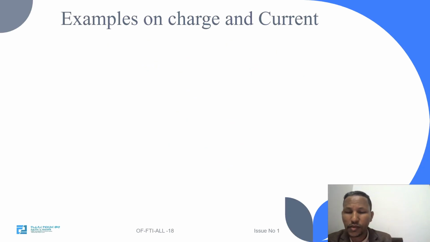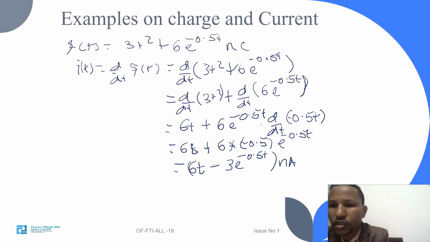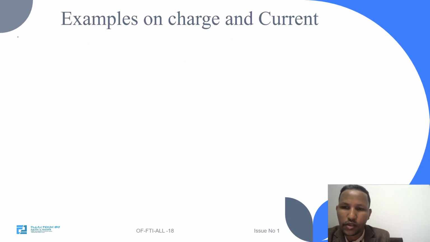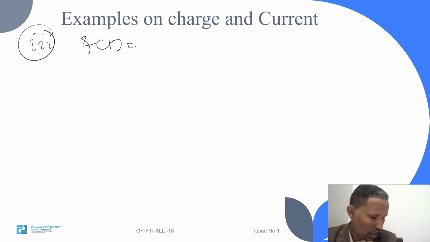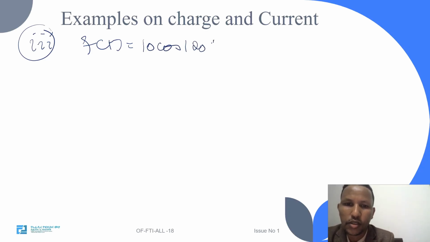The third one, q of t, is given by 10 cos 120 pi t picocoulomb.